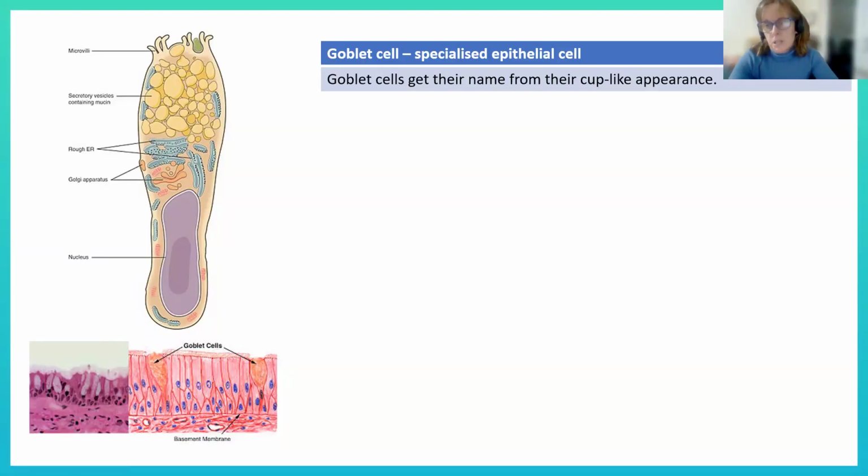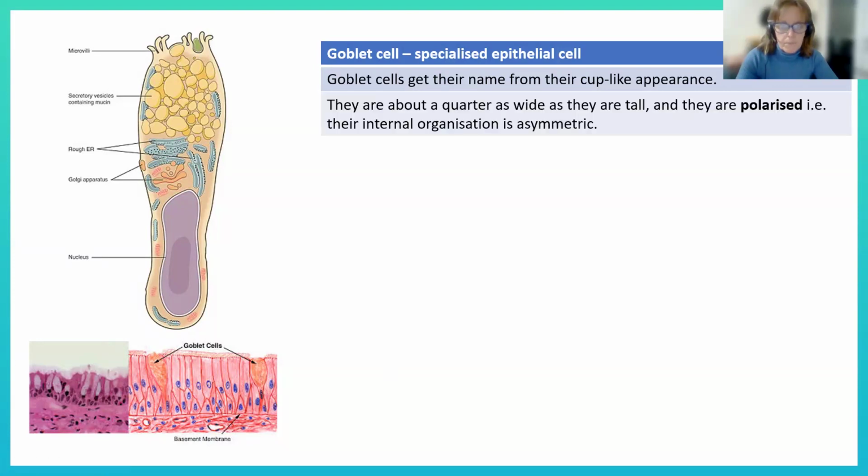So it's not what they look like in real life, what we now know they look like. It's what they would have looked like when people were looking at them first, that they get these crazy names from. So when people first looked at this tissue, they'd have been seeing slides like this. And you can see these sort of goblet-like structures down there. So that's how they get these weird names.